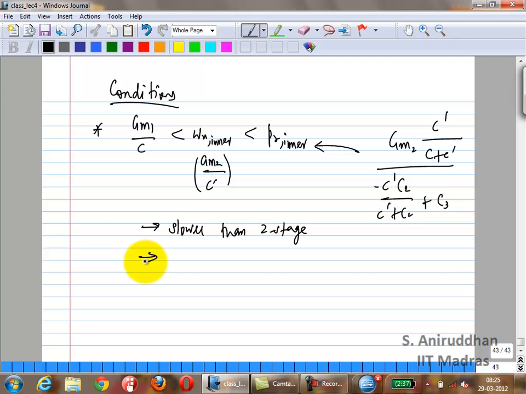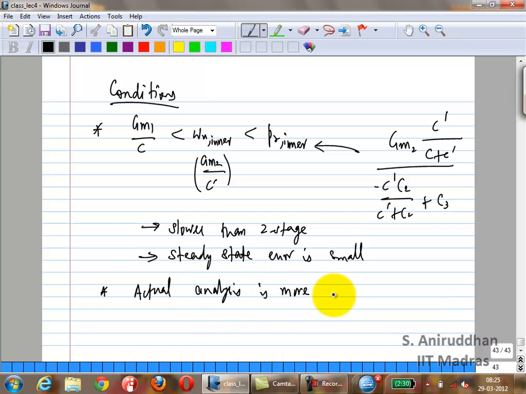But the advantage is your DC gain is very large, so your steady state error will be very small. So this just tells you the general trend. It doesn't tell you details. You have to remember that.